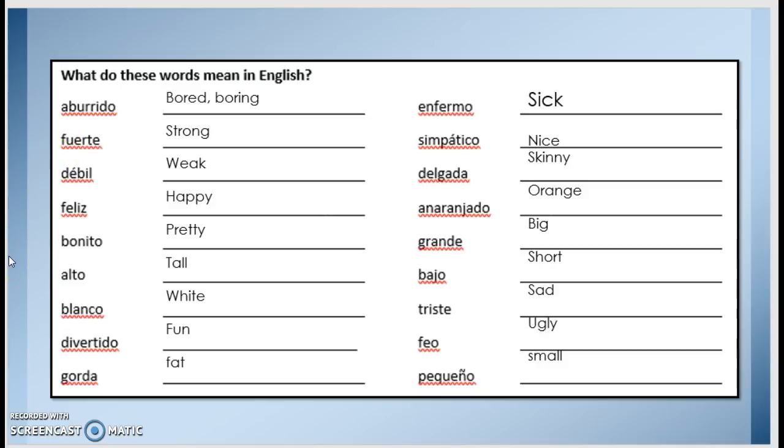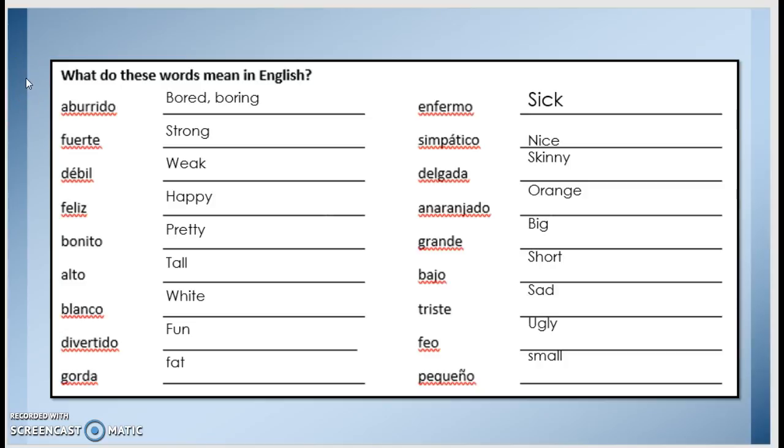Okay, so maybe words like boring or happy or sick or ugly. So all of the, I'm sorry, not ugly, but sad. I was looking at ugly because it's close to that line. Sad.